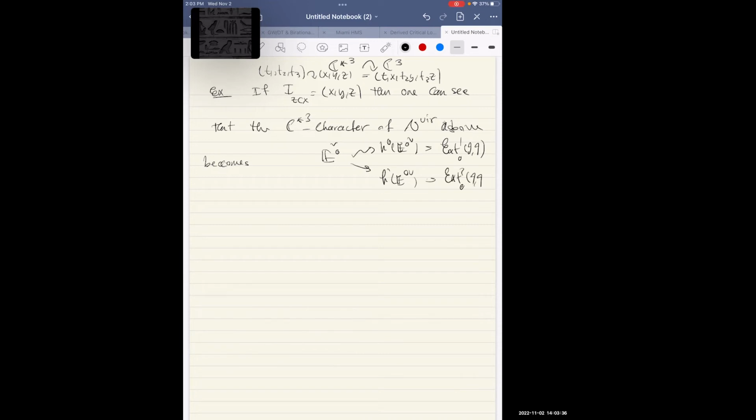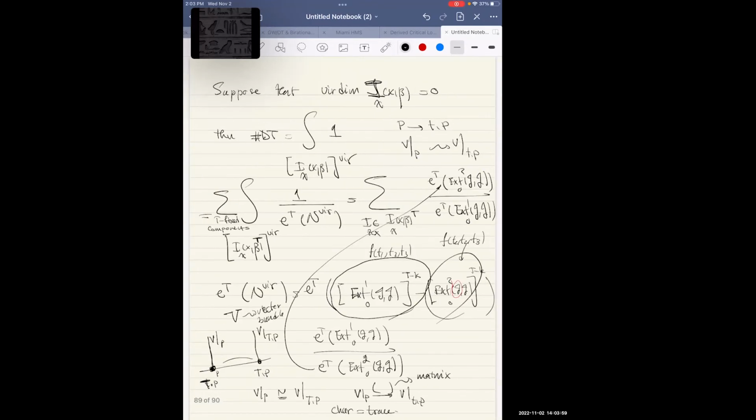But sheaves are also similar to vector bundles, so I can calculate the torus character of this one, and I can calculate the torus character of the other one. Yes, and if I do that, then the torus character of one divided by the other can be calculated.